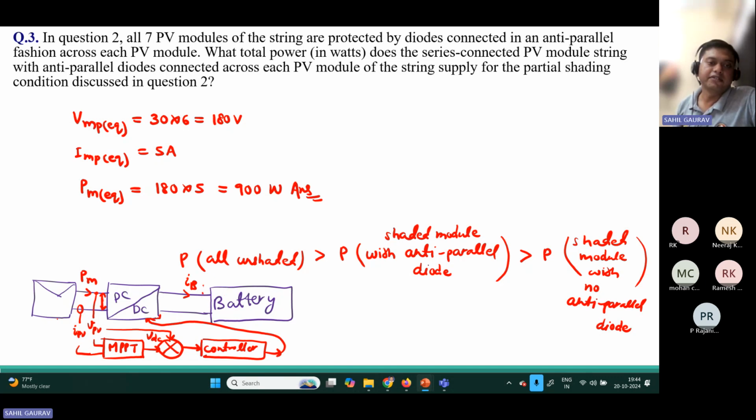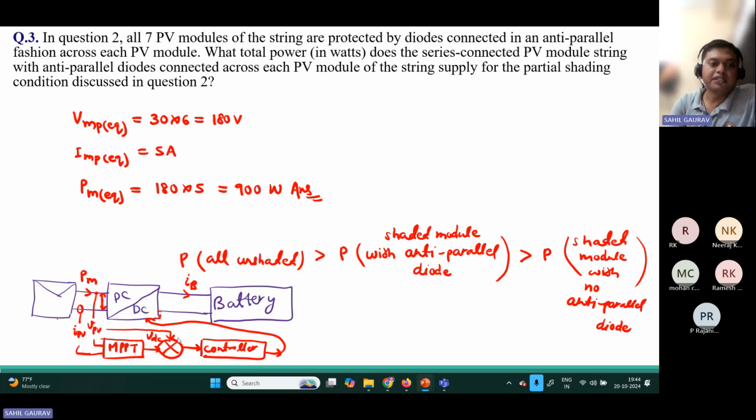So from one converter you are taking care of the MPPT.